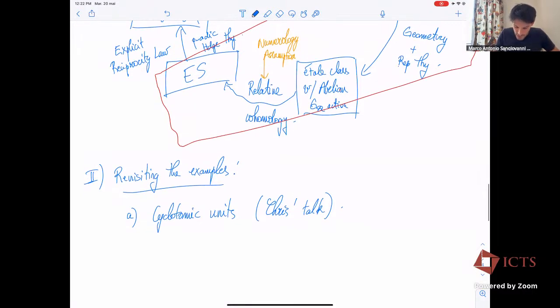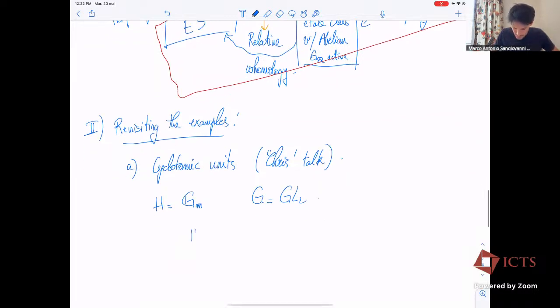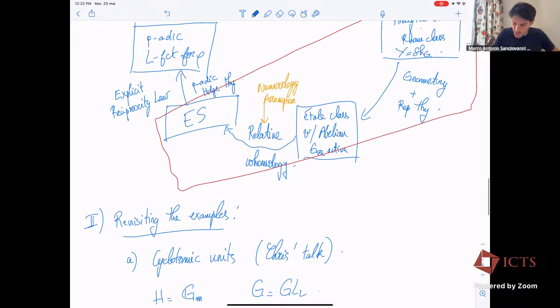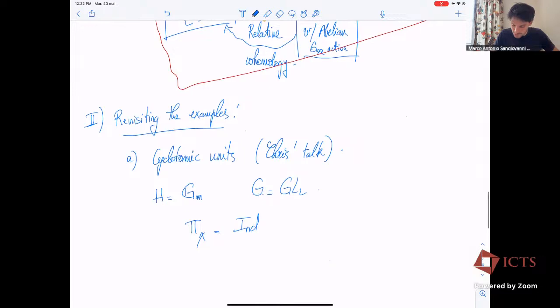So who is the group H? H is just GM, and G is GL2. Pi chi is the family of Eisenstein series, so I will give directly what the specialization is. From the Borel of GL2, the modulus character to the 1/2, and then chi tensor 1.